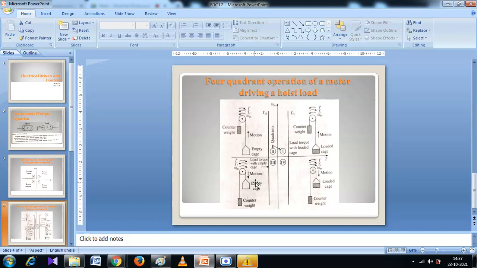So if we want to change the position of these two, we have to produce a torque such that the torque can uplift the counterweight and bring the empty cage to the low level.